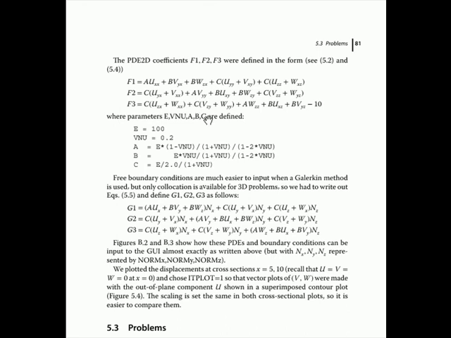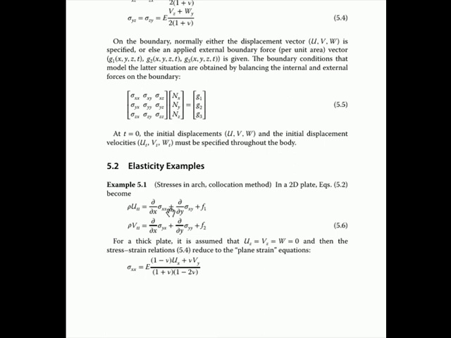Now the boundary conditions on the fixed boundary would just have u, v, and w equals 0, which is easy, but the other 3 boundary portions, the bottom and top and the far x equals 10 side, remember the boundary conditions are, when the boundary force G1, G2, G3 is given, then these are the boundary conditions.